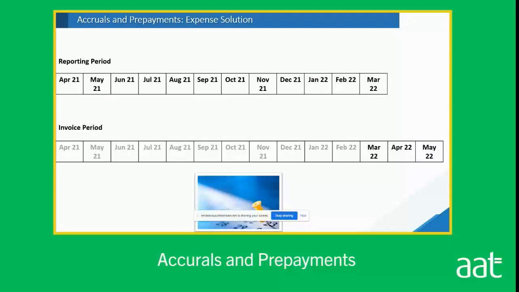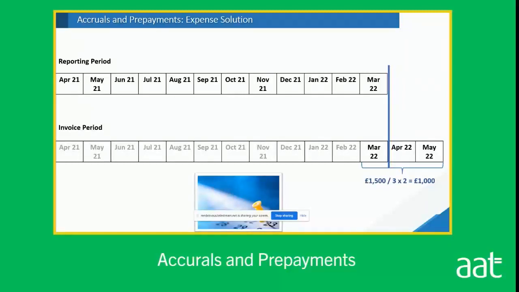And again, if we remind ourselves, our year end is March. So anything that falls after that year end is not relevant to this reporting period and should be removed. And therefore, the invoice of £1,500, dividing it by the 3 months, timesing it by the months of April and May, is indeed £1,000, which is the value of the prepayment that we need to make.